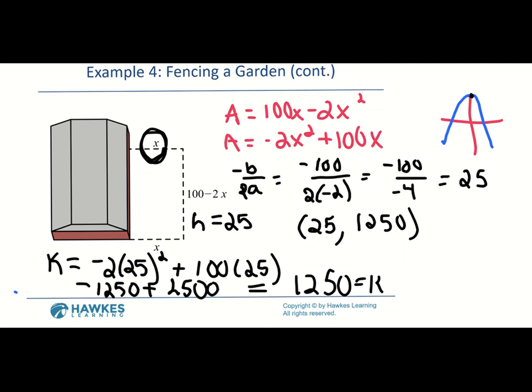So we want to know what the maximum length could be. We want to know the dimensions. So we know that our maximum length, or x, highest it can be is 25 feet.